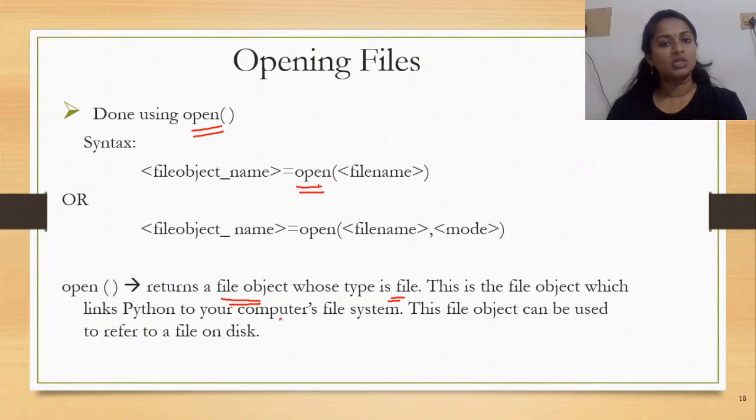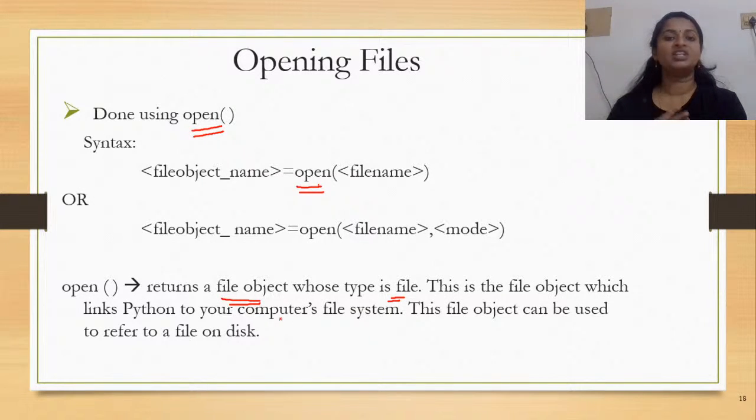So when you try to create or open a file, what exactly happens? Where is the file residing? In your permanent storage, right? So actually there is a link established from the file handle to the point where it is being saved.